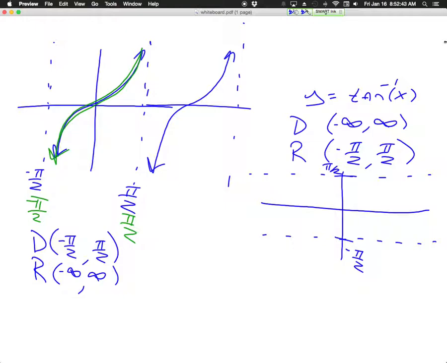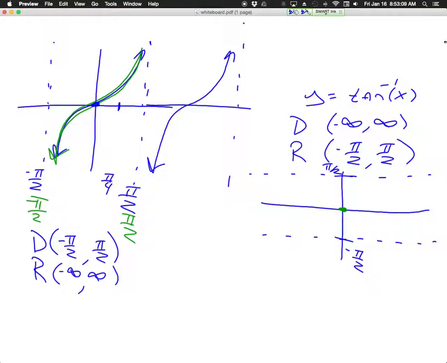Okay? So then we want to look at some points. This point right here is 0, 0. So what's it going to be over there? It's going to be 0, 0 as well. And if you remember, halfway right here is pi over 4. If I'm dealing with regular tangent, what should the y value be that matches up with pi over 4?